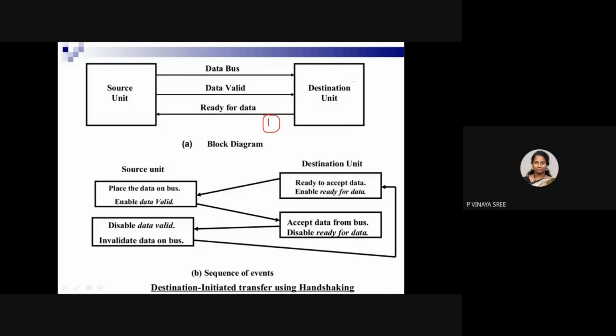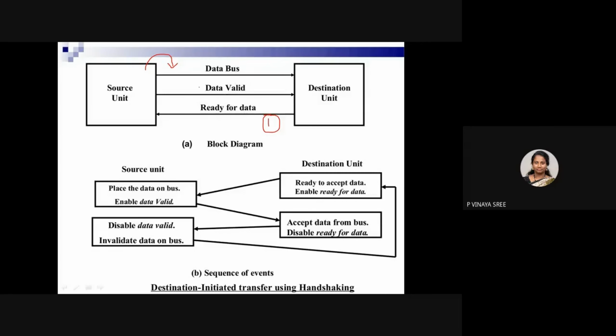So the destination unit first gives a signal to the source unit that I'm ready to accept data, so please place valid data on the data bus so that I can accept it. Upon receiving that, the source places the data. This was not there in the strobe, called data valid.